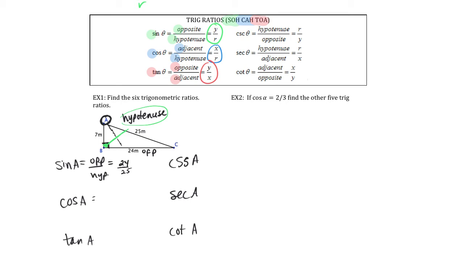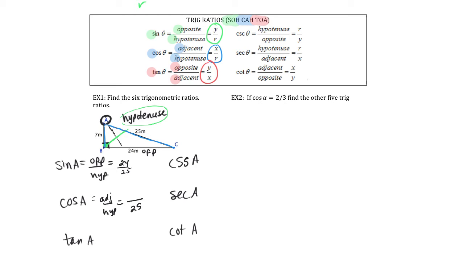Cosine, that is adjacent over hypotenuse. My hypotenuse didn't change. It's always the diagonal line, the one across from the 90-degree angle. But what's changed is who's considered adjacent. From angle A, you see how there are 2 rays coming out to create that angle.